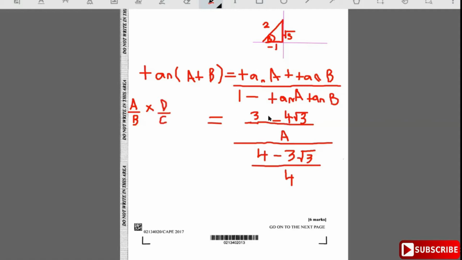So it's going to be 4 times this: 4 times 3 is 12, minus 4 times 4 is 16 root 3, over this times this, which is 16 minus 12 root 3.